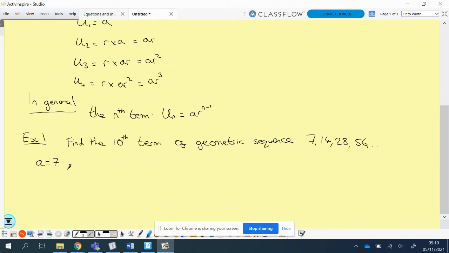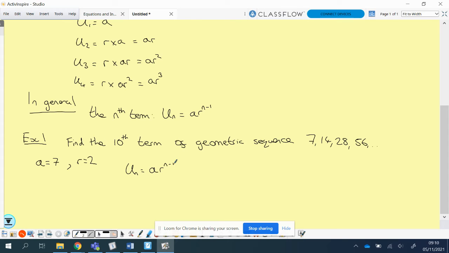Then R is the ratio that multiplies each number to get the next one. You can see it doubles every time: we double the 7 to get 14, double the 14 to get 28. So R would be 2. So Un is A R to the power n minus 1.